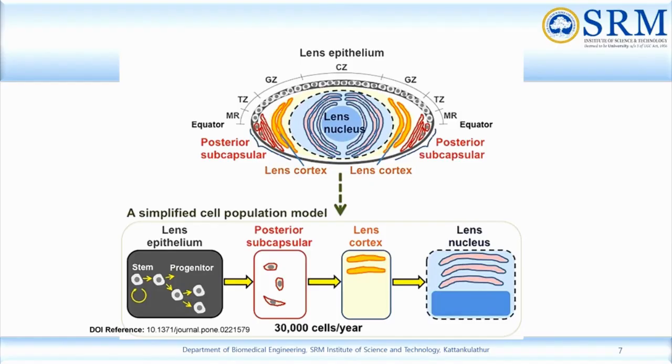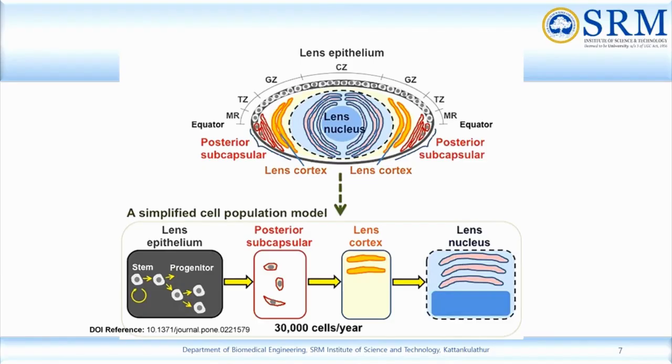The anatomy of the lens is very peculiar in nature, and we need to understand that this is maintained by a group of stem cells. As we see here, you have multiple levels of stem cells that finally form the lens nucleus, which is transparent at the center.